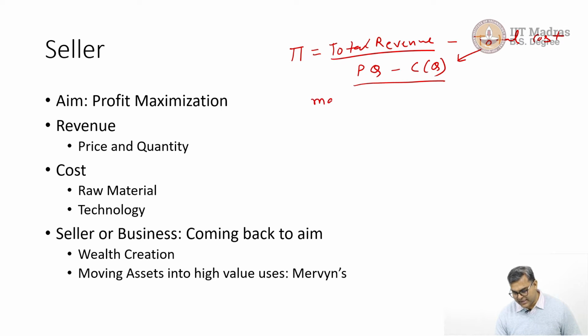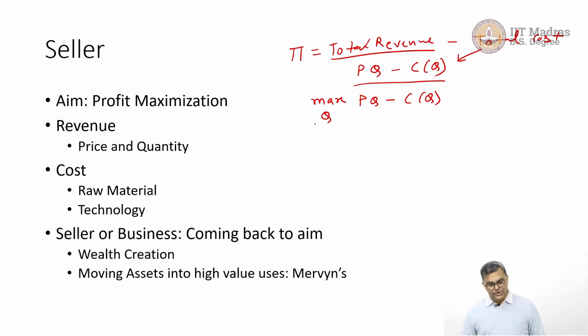So, we can say: maximize PQ minus C of Q with respect to Q. As you change Q, your profit will change, and you are interested in getting the maximum of this pi, and this is denoted by small pi.